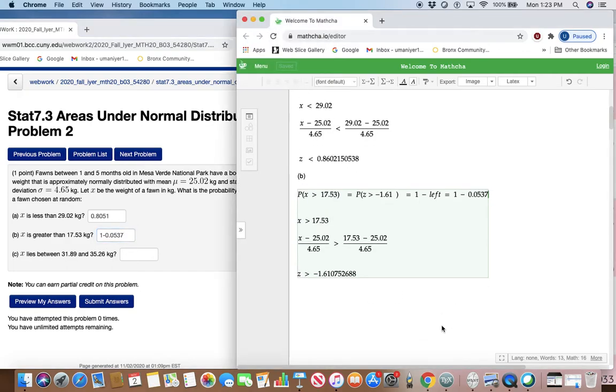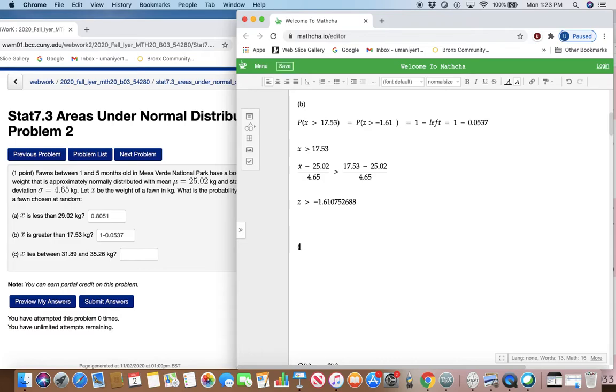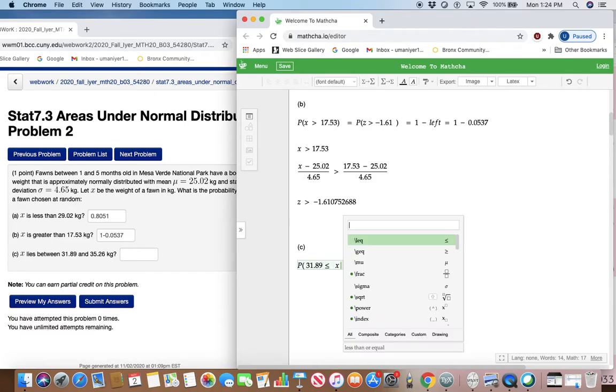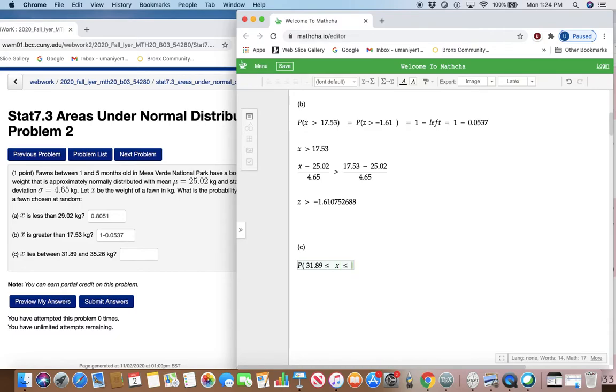The C part says x should lie between 31.89 and 35.26. This means I need to standardize it with z in between two numbers. Let's figure this one out.